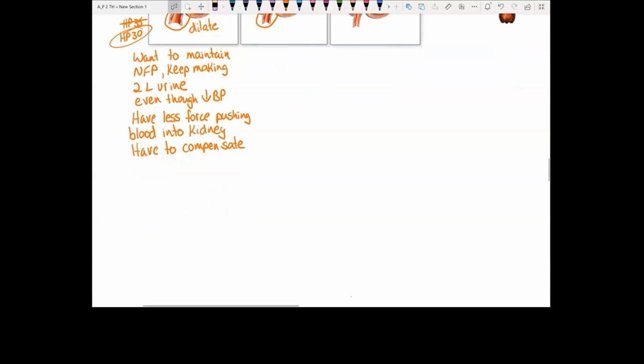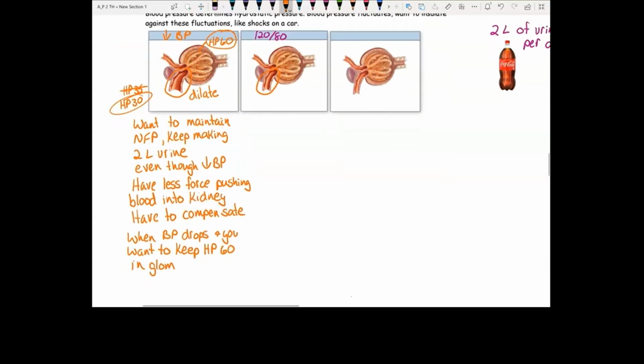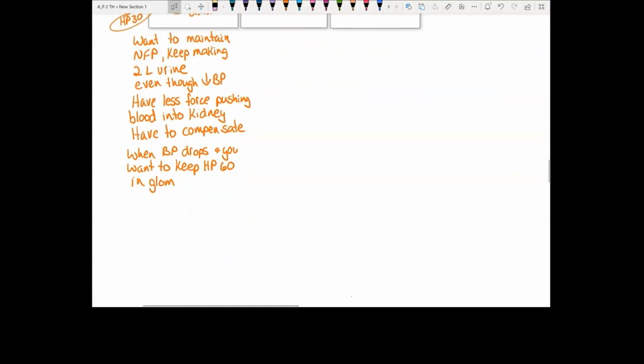So when blood pressure drops and you want to maintain that hydrostatic pressure of 60 in the glomerulus, you compensate by dilating your afferent arteriole.